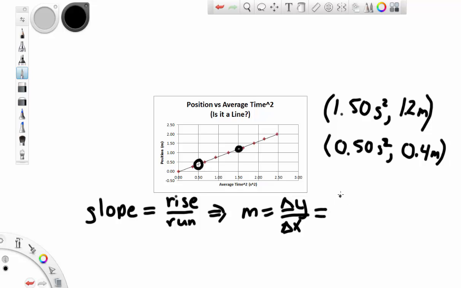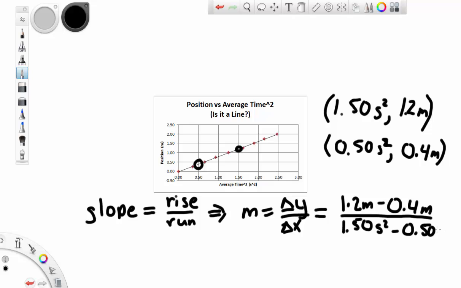So the delta y part is going to be 1.2 meters minus 0.4 meters. I'm going to divide that by the delta x, which is really a time squared. So that's 1.50 seconds squared minus 0.50 seconds squared.